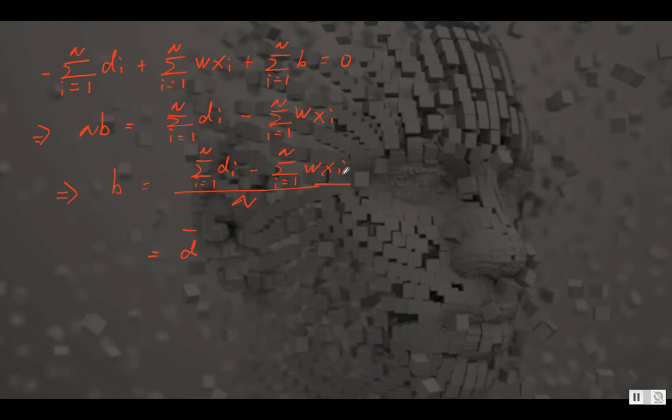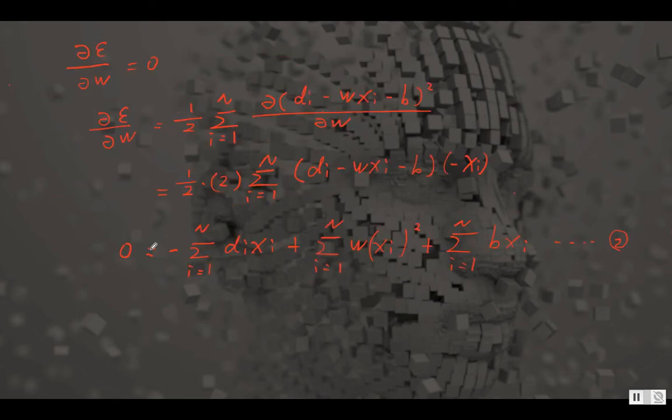And here you have n x's summed together and then over n. This one equal to nothing but w and x bar. So this is the equation 2. Equation 1, we can derive this. We know the b is a function of d bar and w x bar.